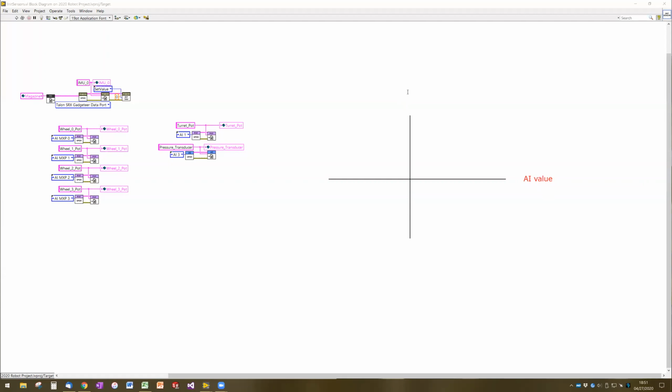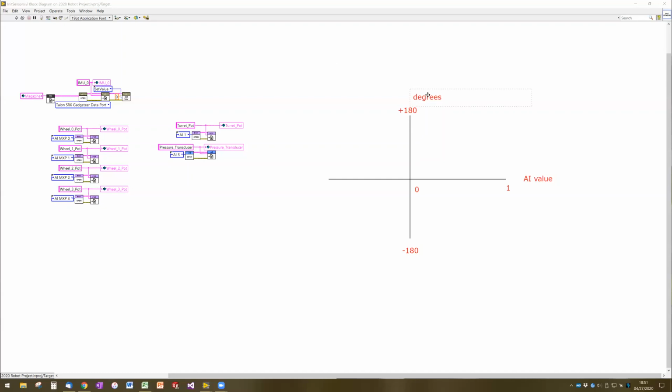And on the y-axis we have degrees. And our values are going to range from 0 to 1. And we want our angles to range from negative 180 to positive 180. Okay.